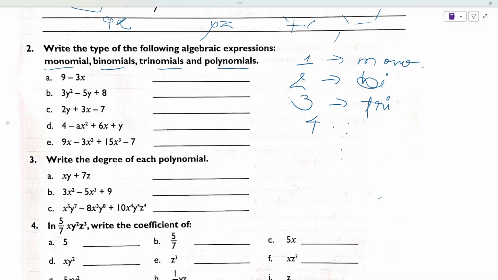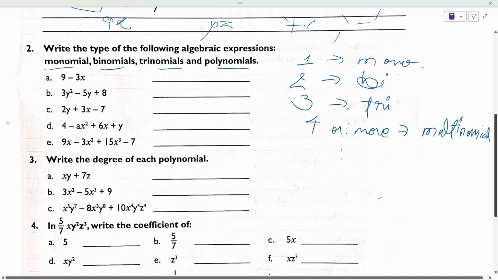When there are four or more terms, 5, 6, 7, then in that case I prefer to go by the word multinomial, just to avoid the confusion, because many times I find that whenever I ask, students have this misconception that if there are more than three terms, then they are called polynomial. But it is not like that, and in class we have discussed what exactly the definition of polynomial is.